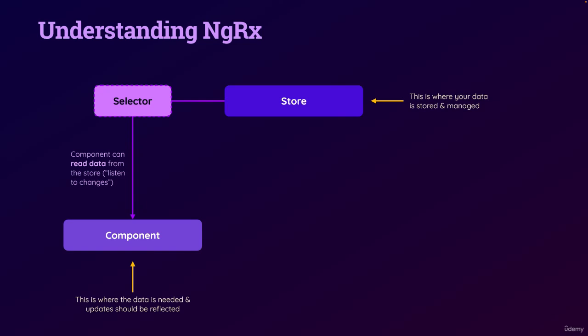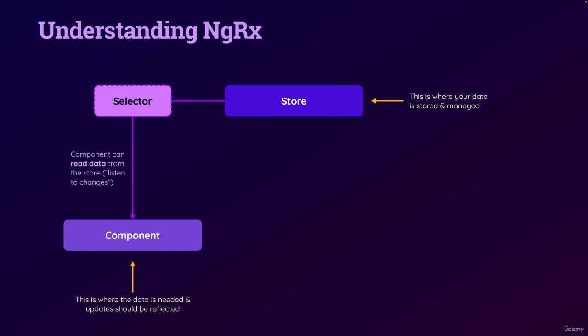And therefore, with help of this store and these optional selectors, components can get that globally managed state data. With NGRX, you have that one central store in your application that in the end manages all the data used in your entire application, and your different components can then get the data they need from that store.